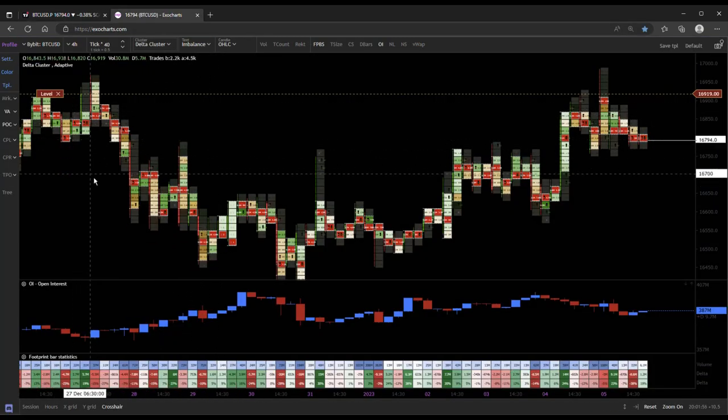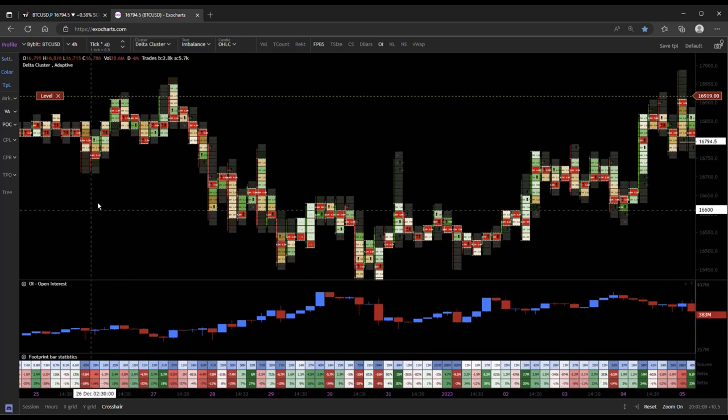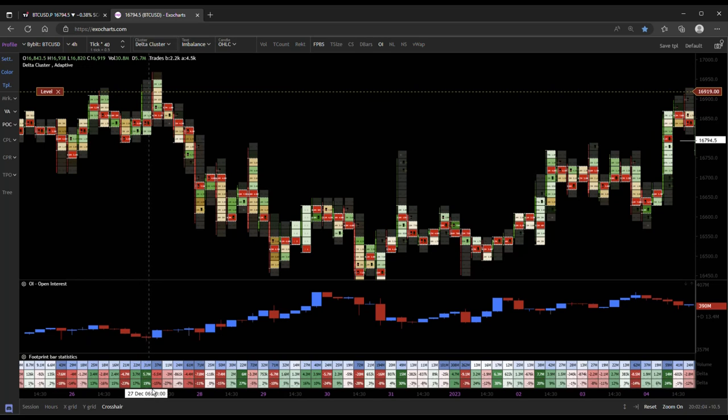See what you can see here. We're coming up into this level, 5.7 million. Only 19% of that is positive delta, so new longs. So as we're coming back up to that level, what we want to be seeing is more volume than that, and we would like to see open interest increasing.